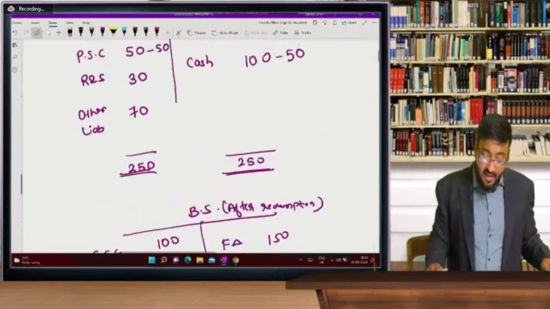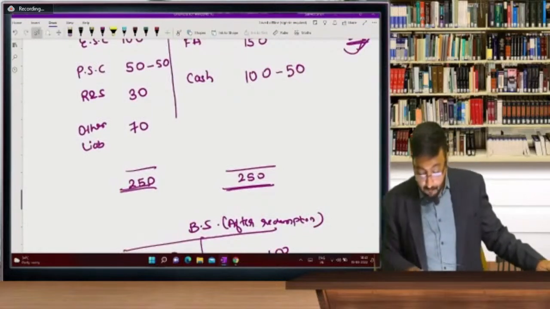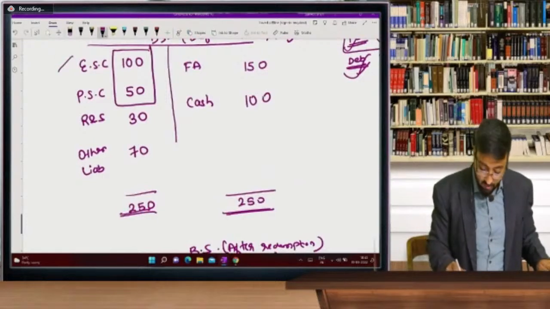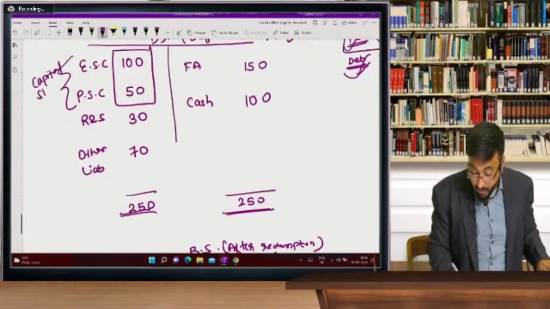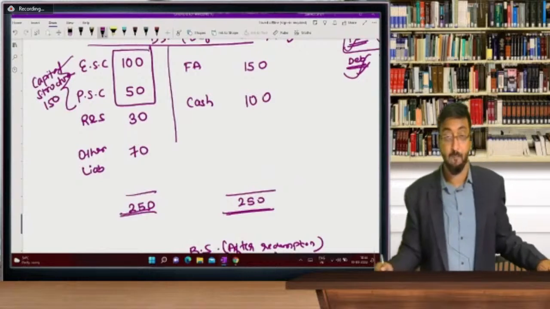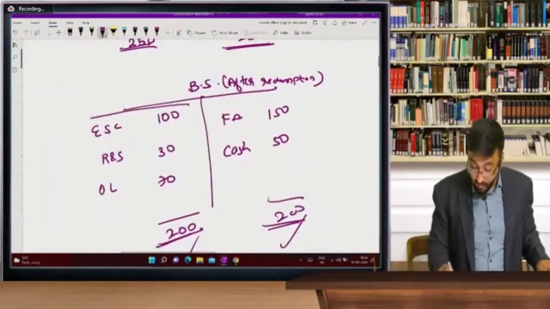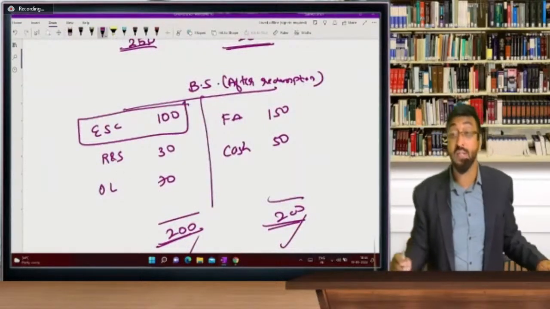Company law says that before redemption, your capital structure is rupees 150. But after redemption, don't consider reserves and surplus because it's a free reserve.